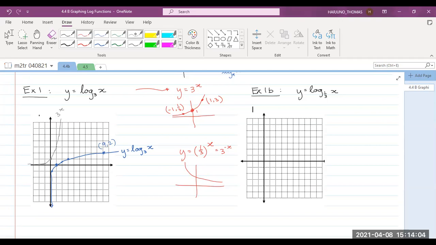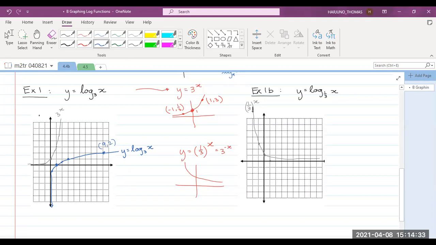So the graph of (1/3) to the x looks like this. You reflect 3 to the x with respect to the y-axis, right? So this is (1/3) to the x. Now then, what is log base 1/3 of x?